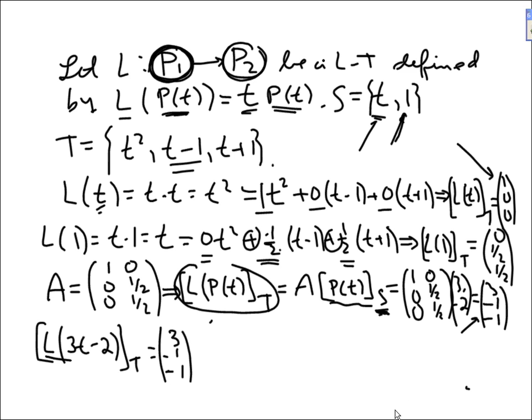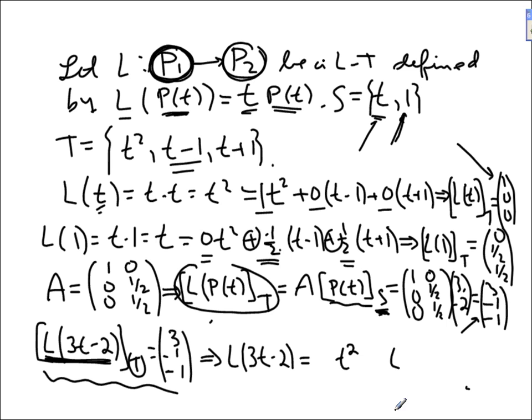Well then, what's this? This information tells me that L of 3t minus 2 is, now I write down the vectors in T: t squared, t minus 1, and t plus 1. And these are my scalars: 3, negative 1, negative 1.